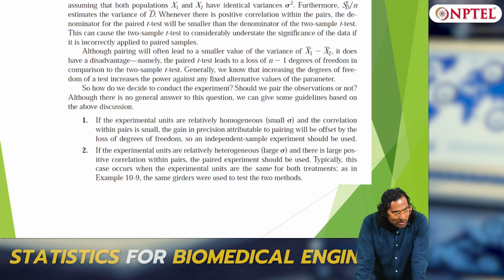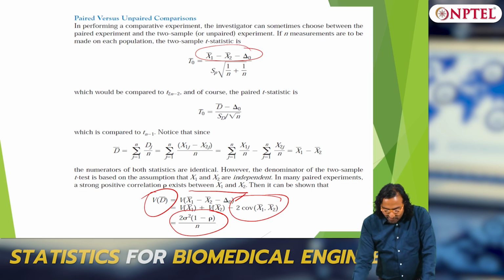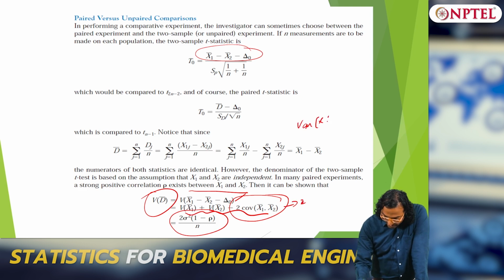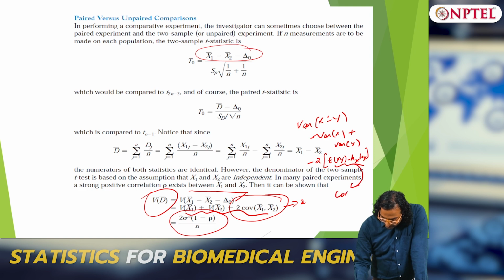On one end your degrees of freedom reduces, but your variance also reduces, mostly because most of the time there is a relationship between x and y. This is something we derived in the last class, and we derived it earlier also. Variance of x minus y is what? Variance of x plus variance of y minus 2 times covariance.